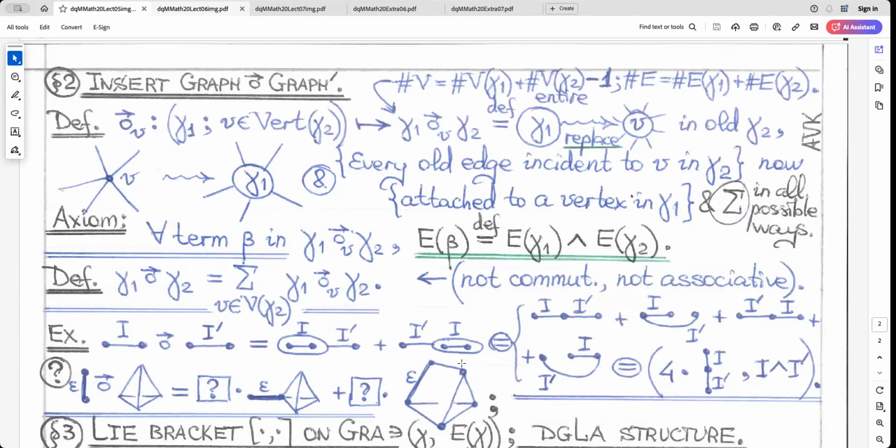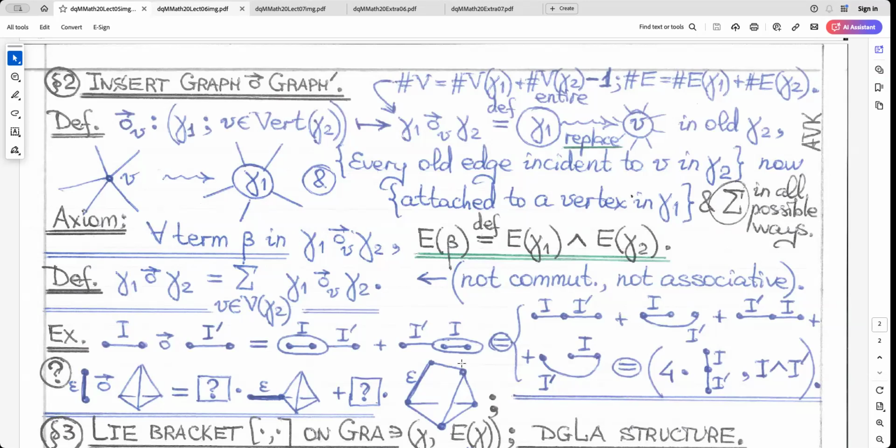This operation is very strange. That it is not commutative is entirely obvious, because it has no moral reason to be commutative. You get very different graphs when you insert gamma 1 into gamma 2, and when you insert the entire gamma 2 into a vertex of gamma 1.